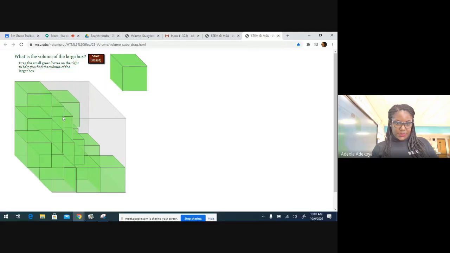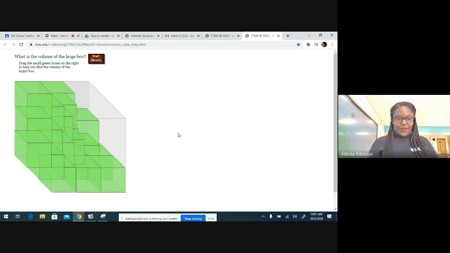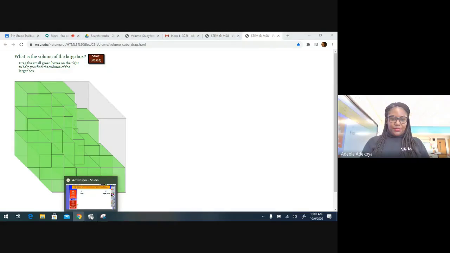Just stacking them on top of each other. Okay, trying to figure out what is the volume of this container. Oh, we don't even have enough boxes. All right, well, let's go ahead and try to figure that out here.